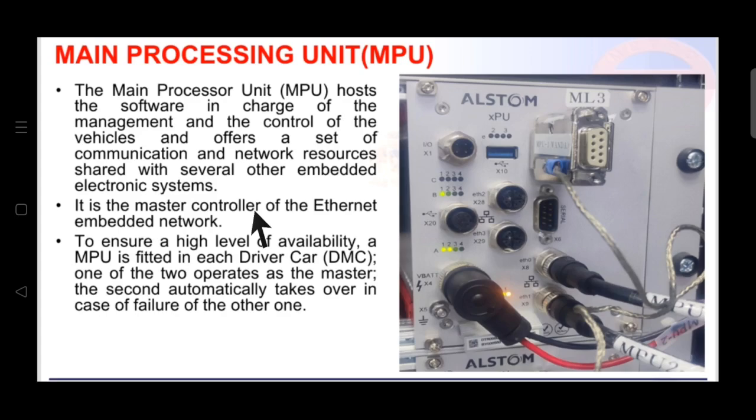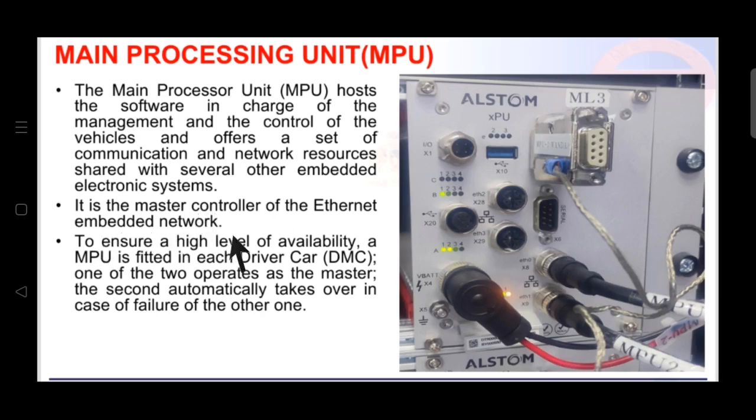So in this way we can consider these few examples. First was executing and implementing new software in the train, second is providing communication between different components, and third is providing network resources. If I want to take data from the train to my laptop, I can do it with the help of the MPU.